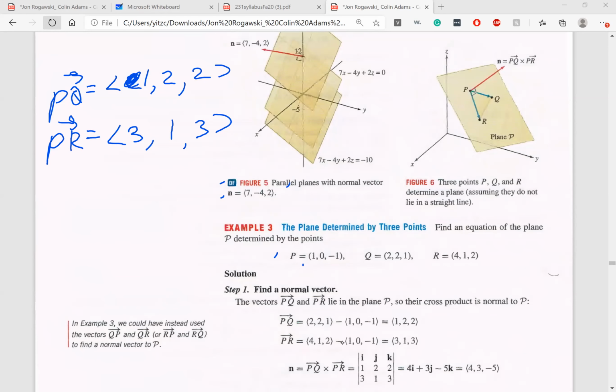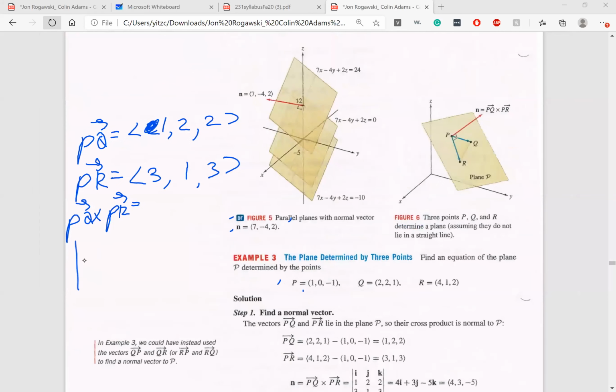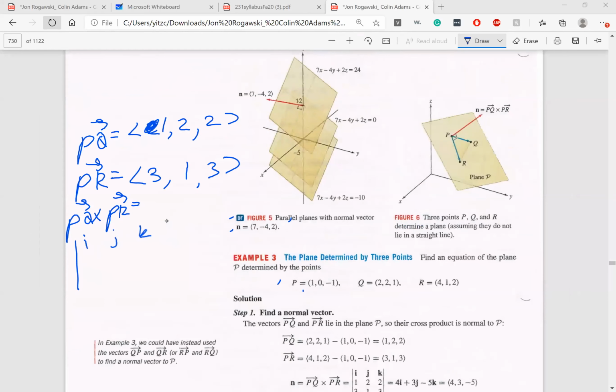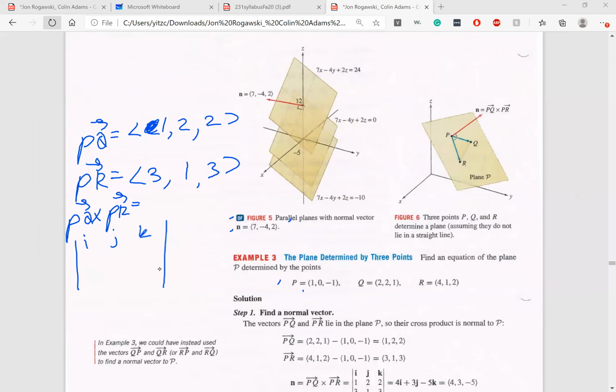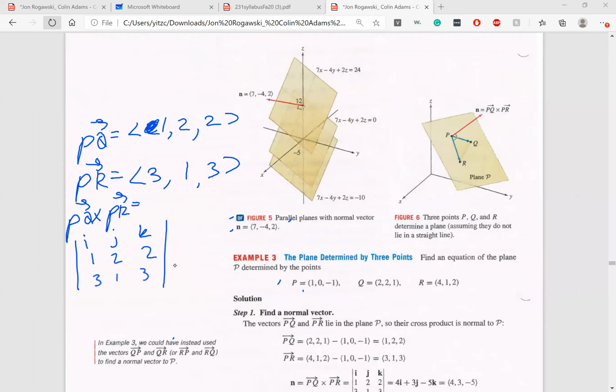So now we want to find our cross product. So we want to find PQ cross PR. So that's going to be equal to I, J, K, and then we're going to have 1, 2, 2, and 3, 1, 3.